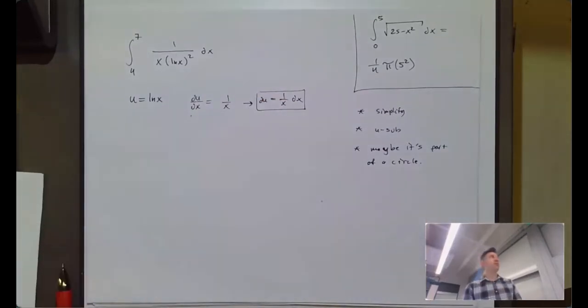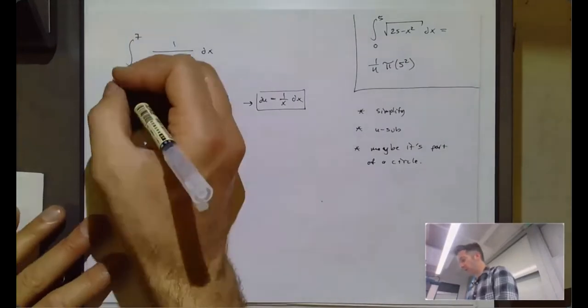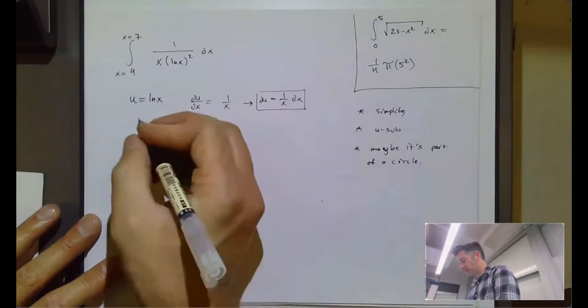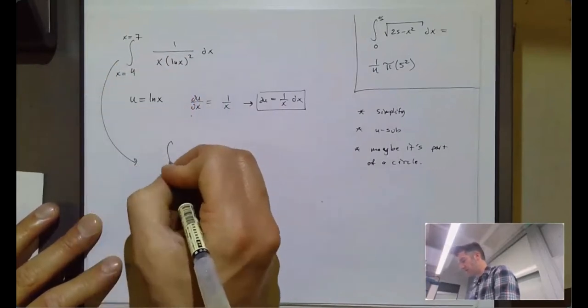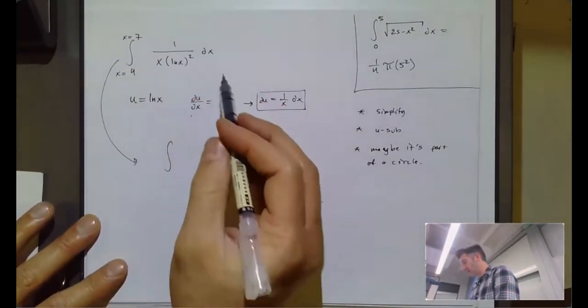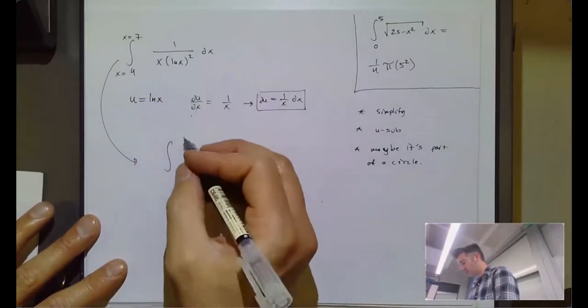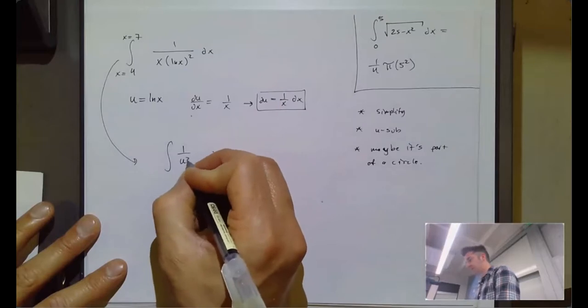When you're doing u sub with a definite integral, the choice I would encourage you to make is to change your limits of integration. This is an x equals 4 to an x equals 7. I'm going to rewrite this as the integral of, well, my 1 over x dx becomes my du, and my 1 over natural log of x squared is now 1 over just u squared.